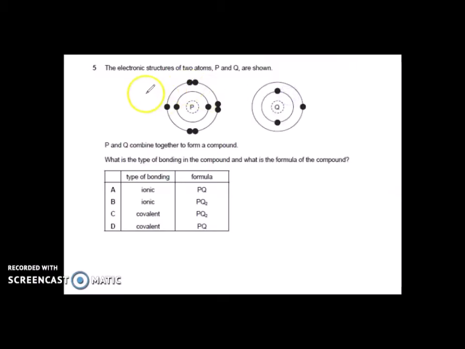Okay, here is the electron structure of two atoms, P and Q. P and Q combine together to form a compound. First we calculate the electron arrangement. This is 2.8.7, so this is a non-metal. And here will be 2.8.1, so this one is in group 1, so it should be a metal. So the ions will be formed.